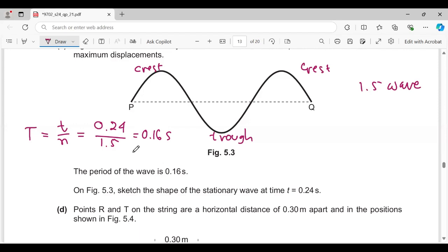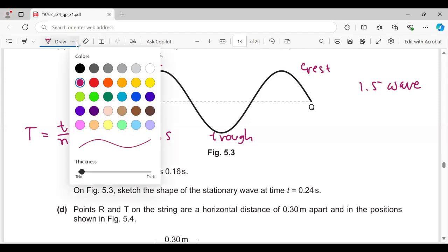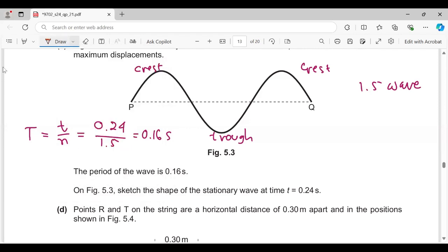I will sketch with the same. I'm going to use this one. It means the same as this wave, so I sketch it like this, because they have the same shape.